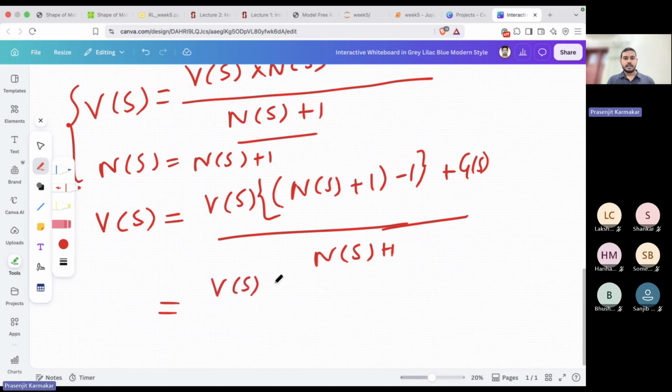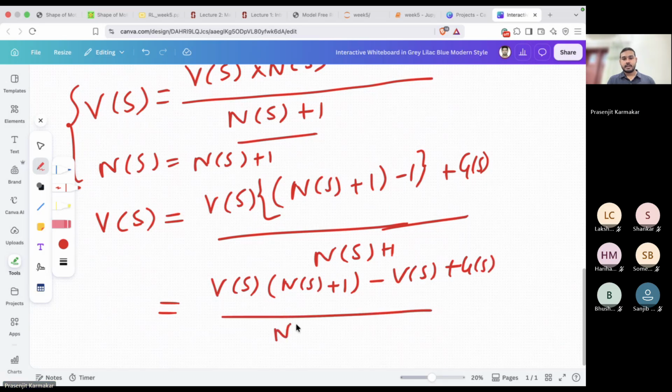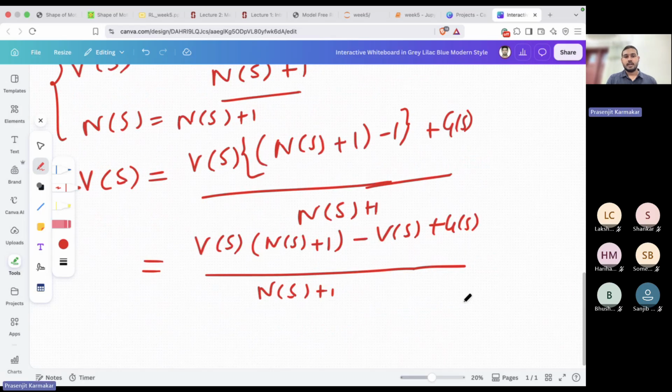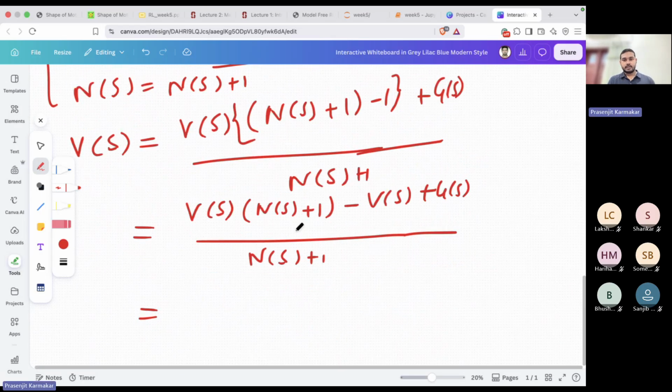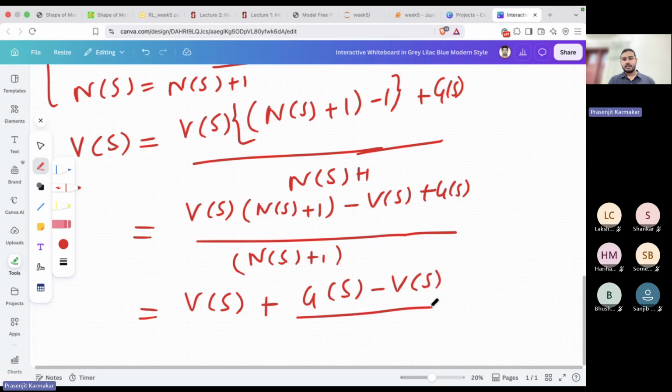So N of S times V of S divided by N of S plus 1, minus V of S plus G of S divided by N of S plus 1. Again, I can just open it out. So V of S plus G of S minus V of S divided by N of S plus 1.